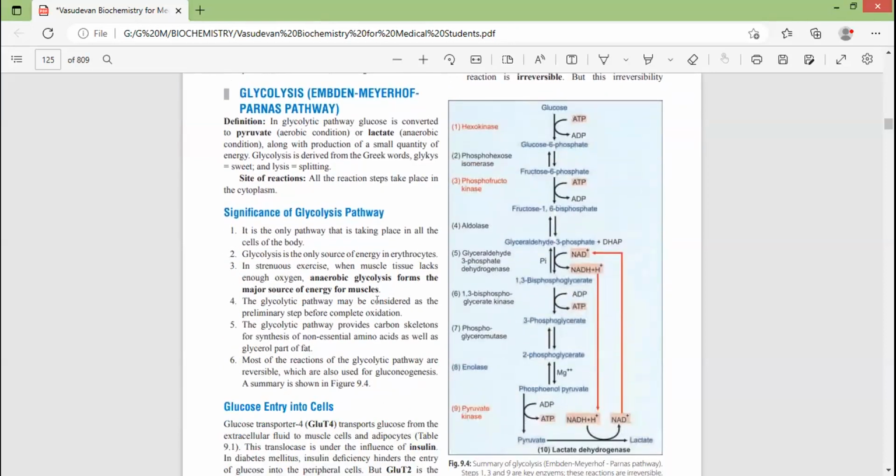Glucose, number one, is osmotically active. That means it has an effect on osmosis: glucose will pull water towards itself.